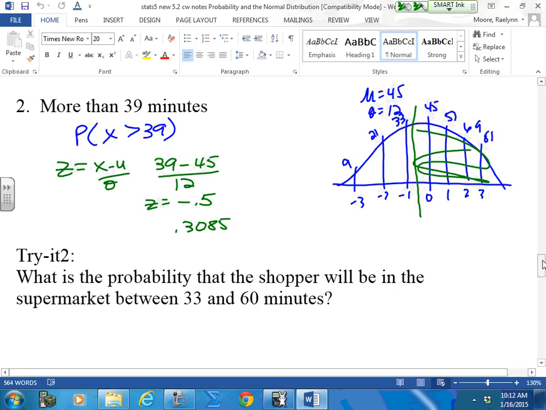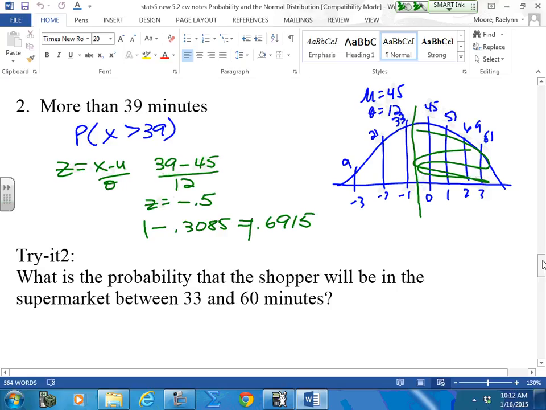It's not. See, you do 1 minus this guy. Good, because that's what my graph helps me determine. We thought it was going to be more than 50%, and it's true because I got the area to the left of that, and I had to subtract it from 1.